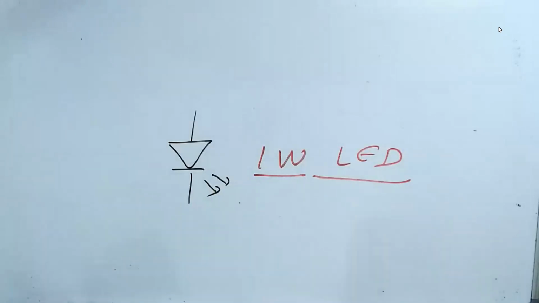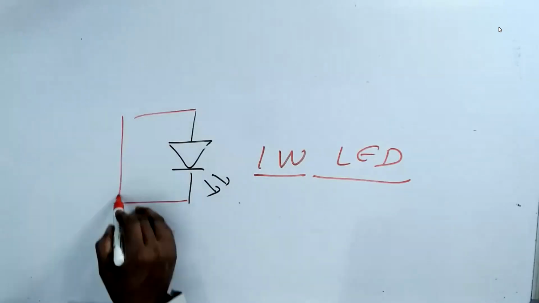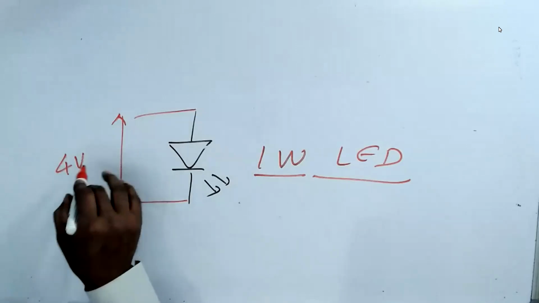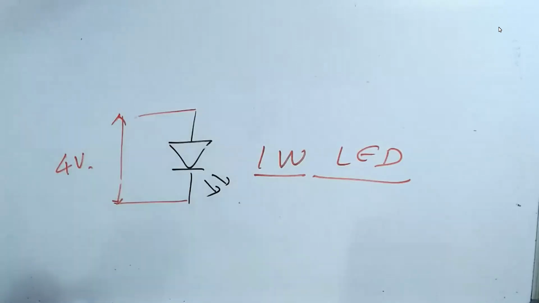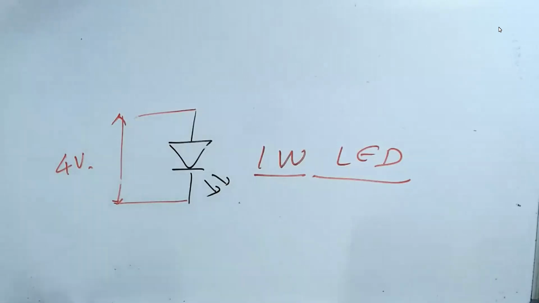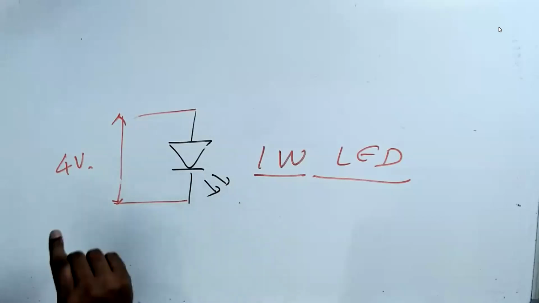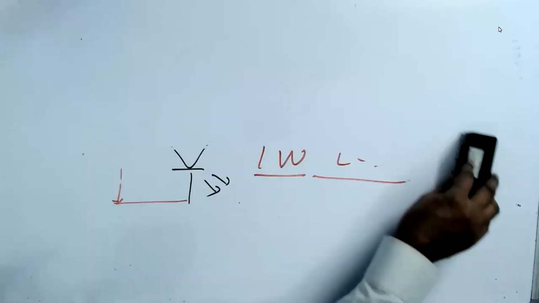Then they will tell you that the voltage is 4 volts. And this is a 1 watt LED. Then you should find out the current. You should pass only that current. If you pass more current, the LED will burn. Understand? Every device is having a rating, but they will not tell you the rating directly.